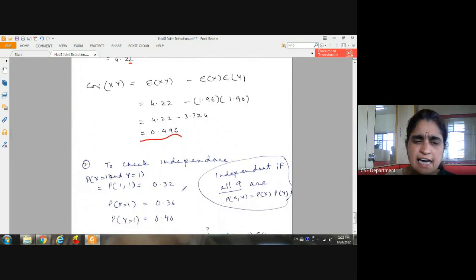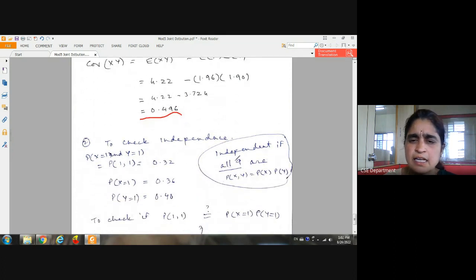To check statistical independence, it is independent if for all 9 cells p of x comma y is the product of the marginals. So let us try for p11. Given in the table is 0.32. Marginal p of x equal to 1 is 0.36. Marginal p of y equal to 1 is 0.4.